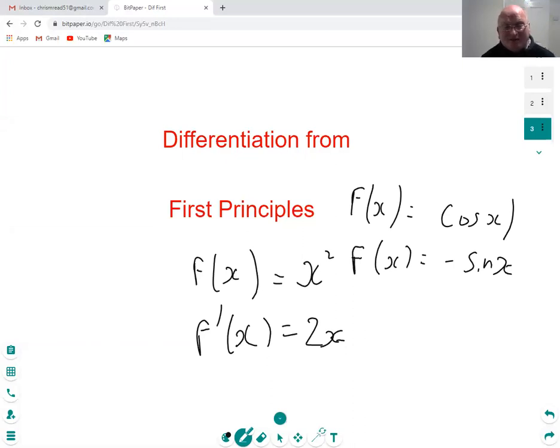But if you draw the curve on a piece of paper, you'll see that as the cosine leaves naught, it starts coming down, so the gradient is negative, and that is worked out by minus sine x. And when you get to A-level, you'll learn lots of different functions and what their differentiation is.